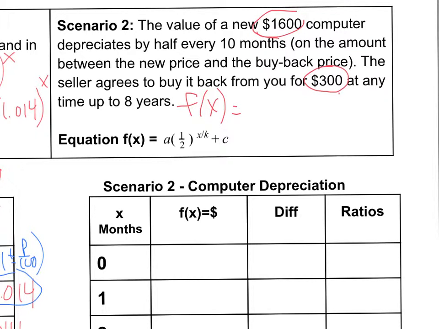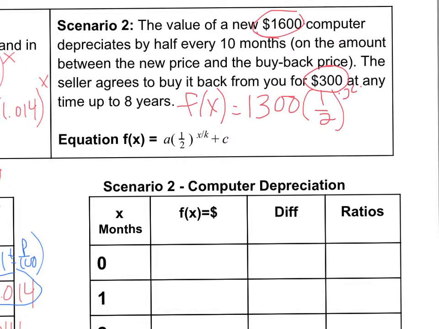So the question is, how much of the computer can actually depreciate? It can only depreciate from 1,600 to 300, so only 1,300 of the computer is available for depreciation. So 1,300 multiplied by one half every 10 months.